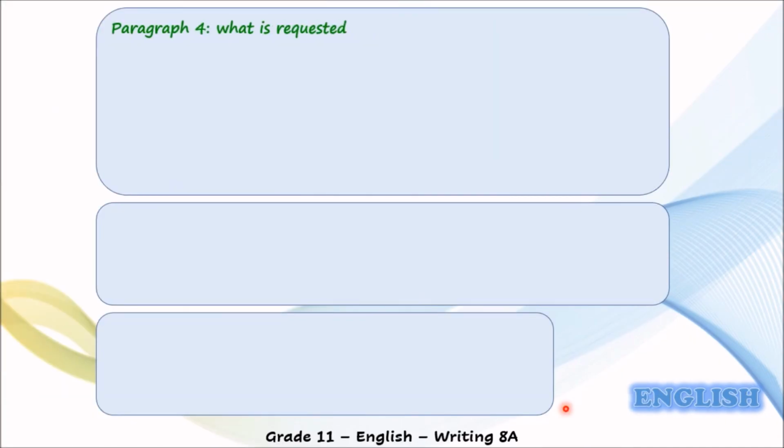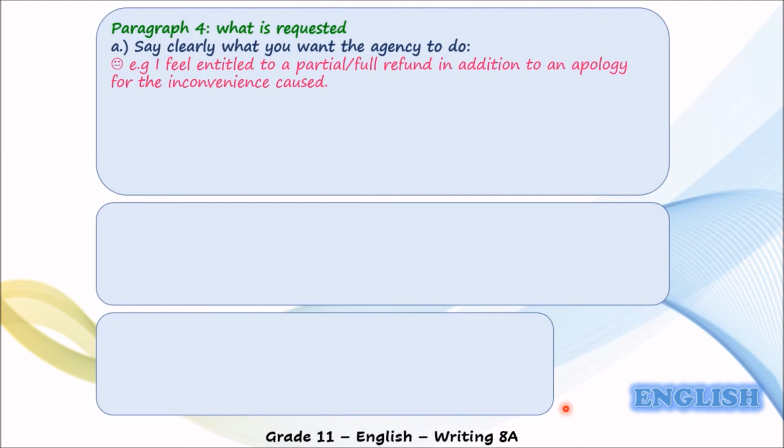The next part is paragraph 4. What is requested? How do you want them to solve this problem? So here you need to say clearly what you want the agency to do. For example, I feel entitled to a partial or a full refund in addition to an apology for the inconvenience caused.